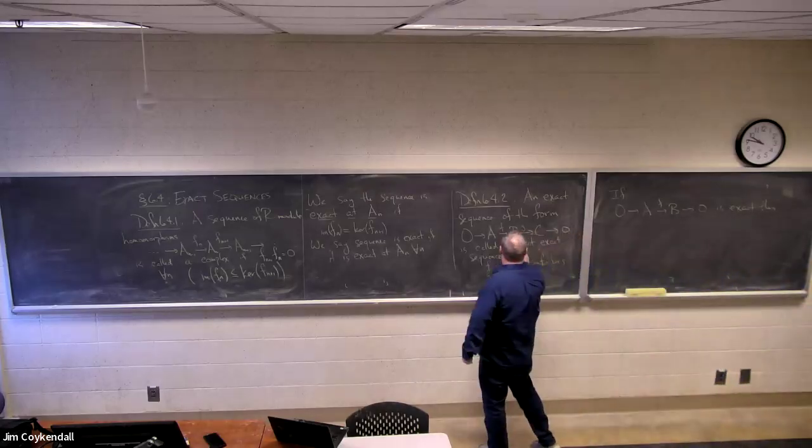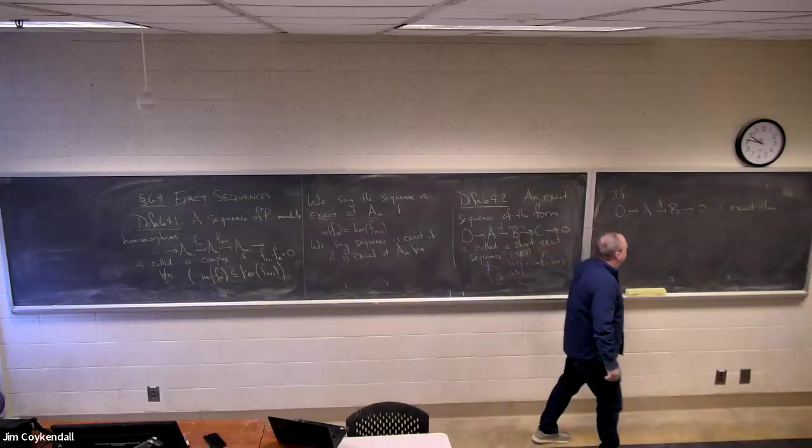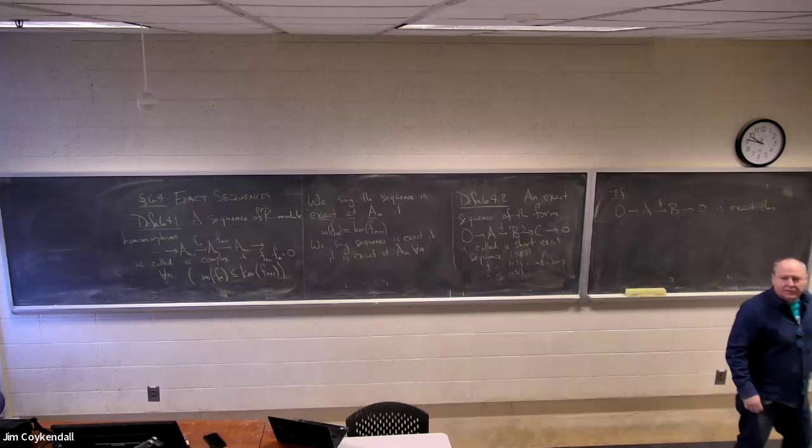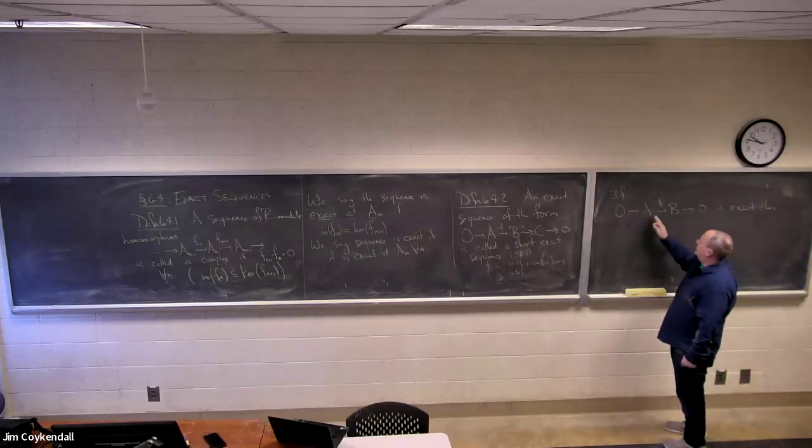Sometimes I will call this an SES, short exact sequence. What's true about this exact sequence? What's true about F? Well, because of the exactness here, F is 1-to-1, right? Because the image of this is 0, it's the kernel of this.